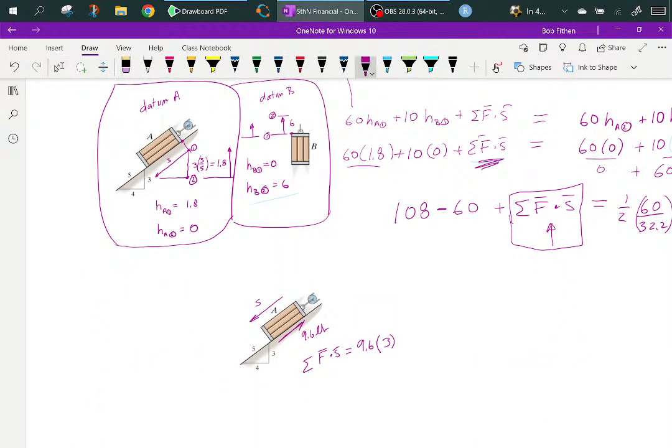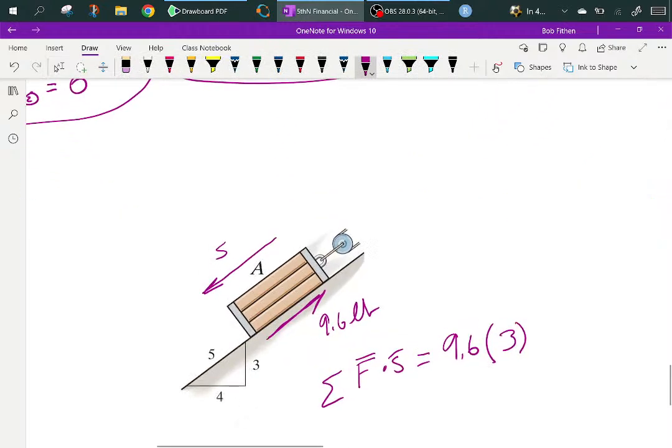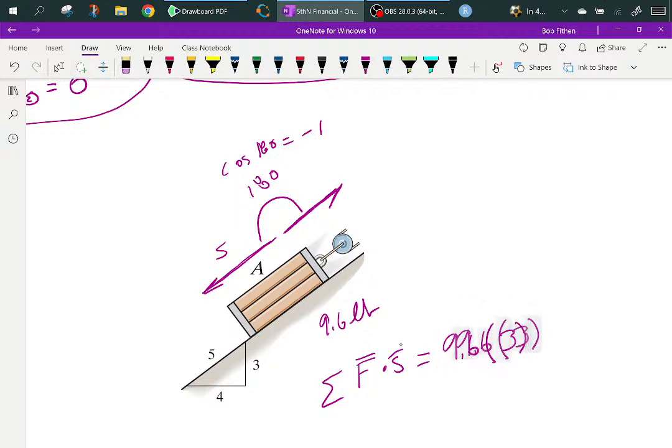So it moved down 3 foot, but they are both going in different directions. If I take this vector and dot it with that vector, the angle between them is 180 degrees, and the cosine of 180 is equal to -1. So in fact, this becomes minus.